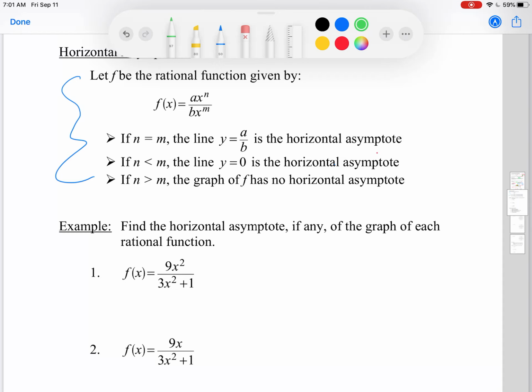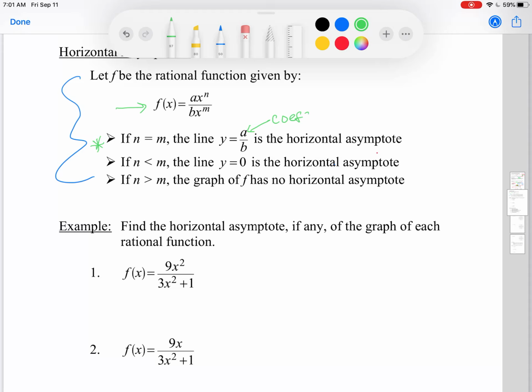So for horizontal asymptotes, let f be the rational function given by this, f of x equals ax to the n, divided by bx to the m. For rule number 1, if n equals m, the line y equals a divided by b is the horizontal asymptote.